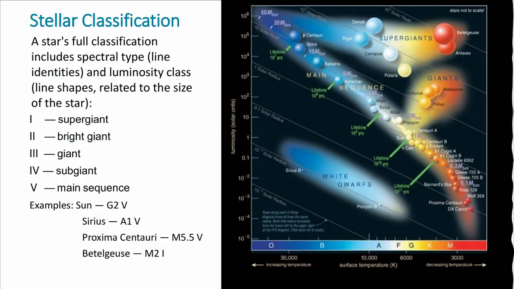So if it's a Roman numeral V, then it's a main sequence star. But as soon as you evolve off of the main sequence, then you'll become these different kinds of giants or supergiants. And so we can classify the star by their spectral type, and then also by where they live on the HR diagram.